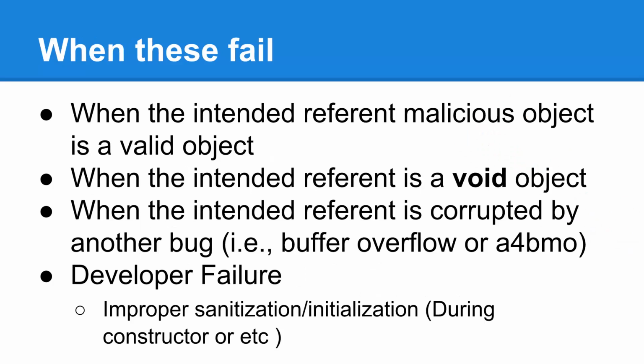Any runtime or compile-time safety check on a pointer assignment will fail when the intended referent is actually a valid object that is actually malicious, or when the intended referent is a void object, or when the intended referent is corrupted by another bug, say arbitrary 4-byte memory overwrite, A4BMO, or buffer overflow, or other forms of developer failure, perhaps improper sanitization, or initialization, etc.